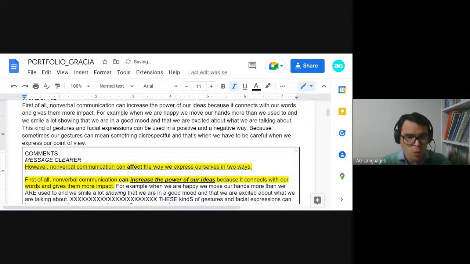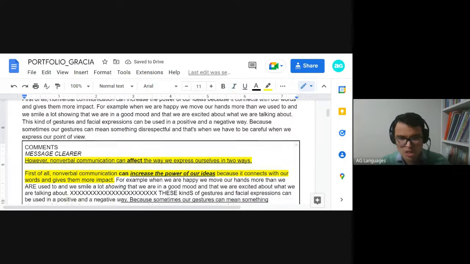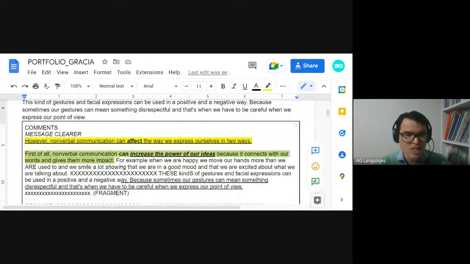Okay. So according to this, let's read the topic sentence and let's see if the topic sentence is connected with the thesis statement. It says, first of all, nonverbal communication can increase the power of our ideas because it connects with our words and gives them more impact.